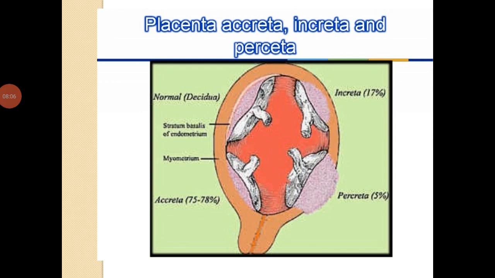This is the image where you can see placenta accreta, placenta increta and placenta percreta. Placenta accreta accounts for 75 to 78% of cases.